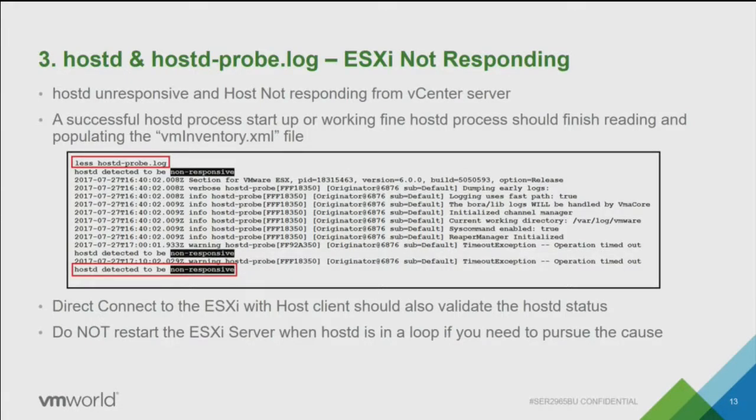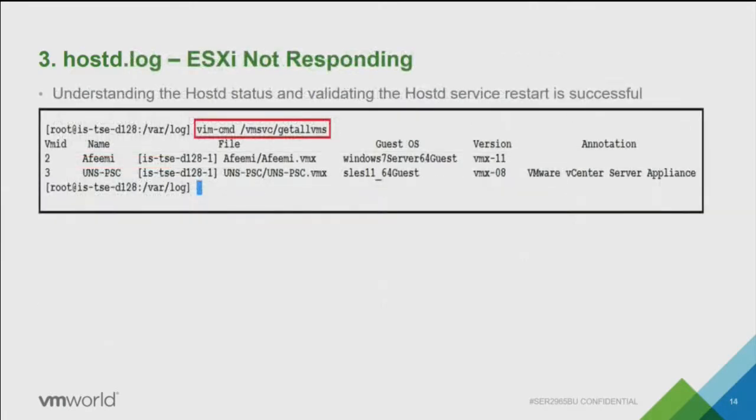Now, let's assume that you initiated a restart of the hostd process. How do we even investigate or validate if it is successful? Did it even come up fine or not? A simple and effective command is vim-cmd vmsvc/getallvms. I'll go one slide back.